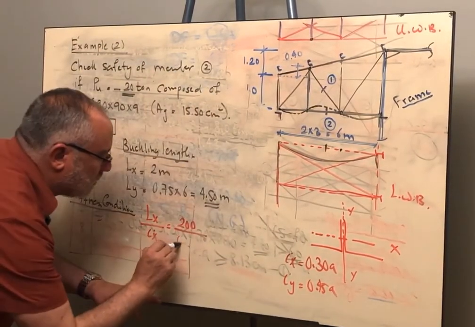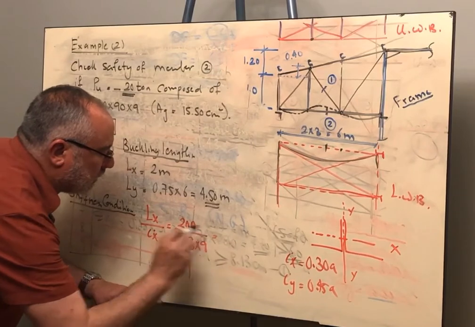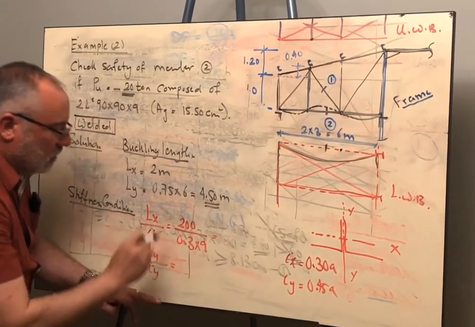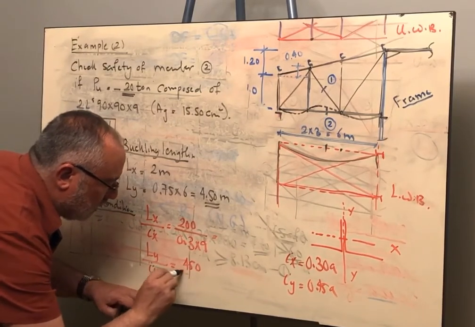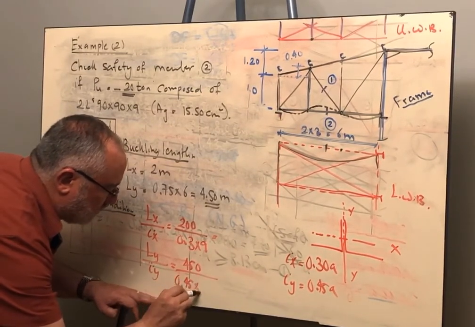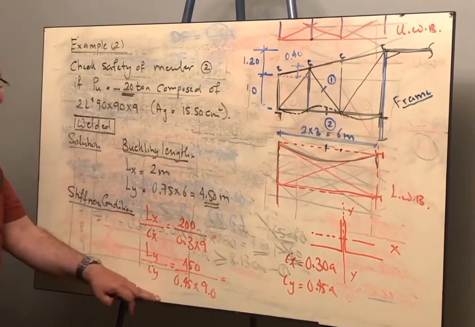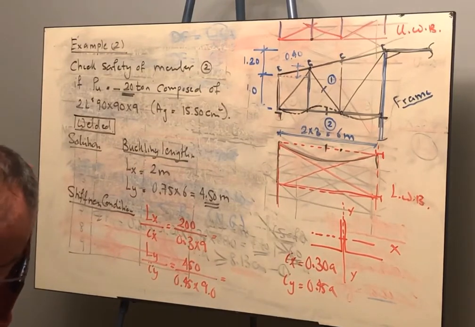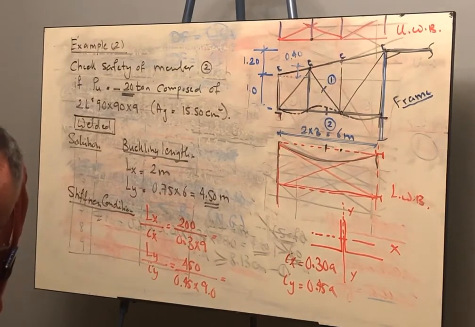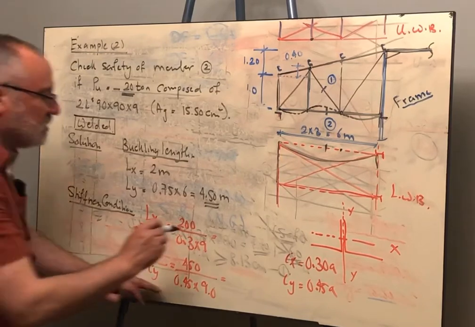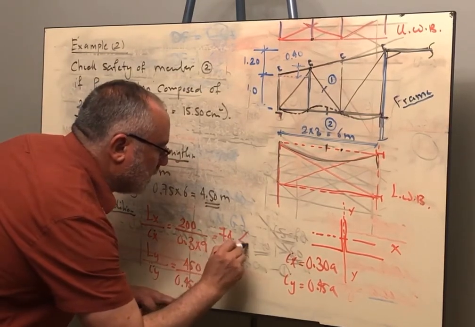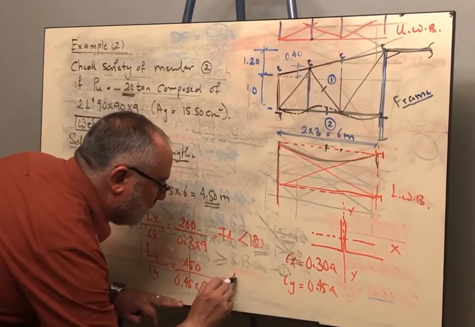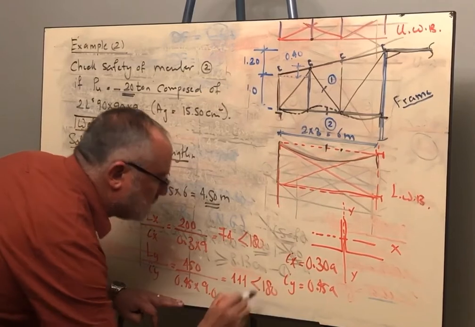And Ly over iy will be 450 over 0.45 times 9. If you did this calculation, you will get 74, less than 180, and 111, also less than 180.